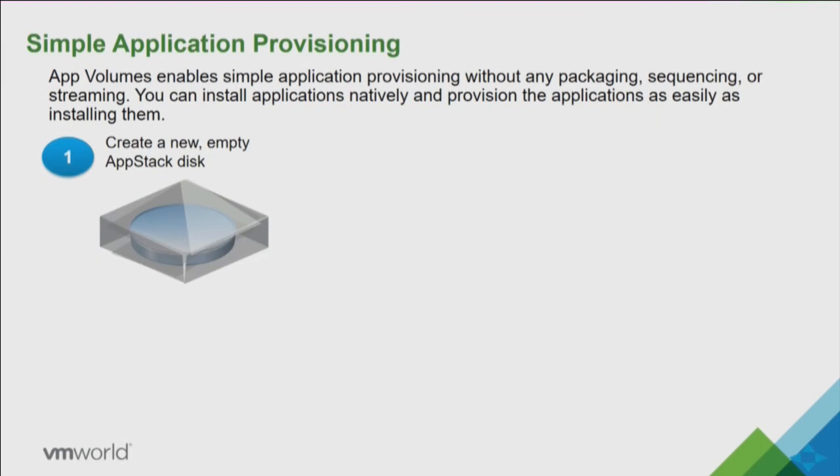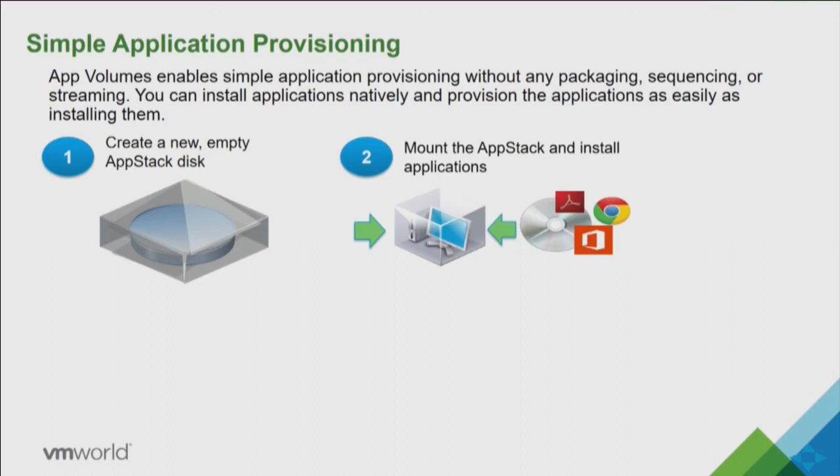So if you're going to deploy applications in an app stack, how do you get them there? Well, in the App Volumes Manager utility, you create a brand new app stack, which is essentially a blank VMDK file. The App Volumes Manager asks you to point it to a virtual machine that has the App Volumes agent on it.